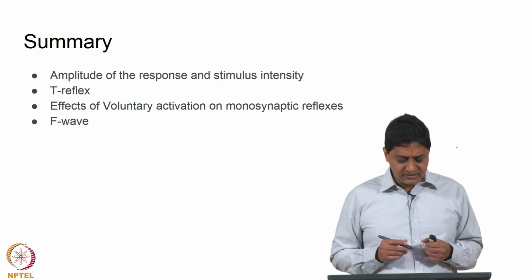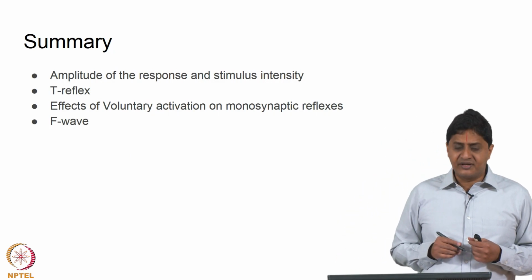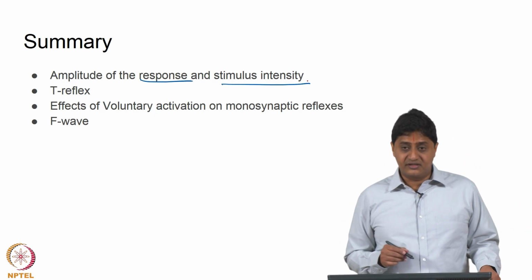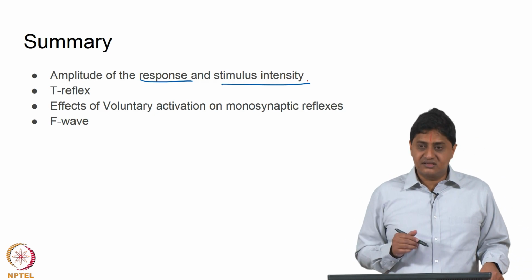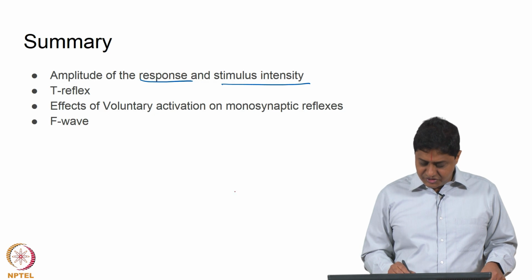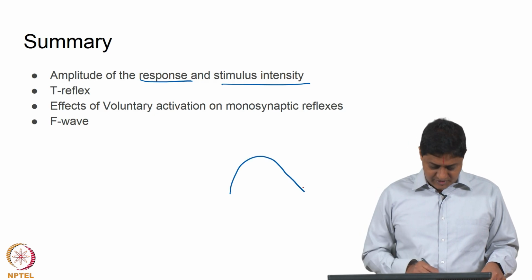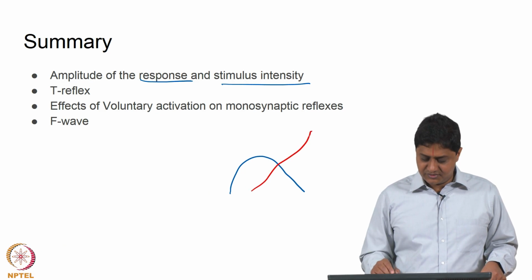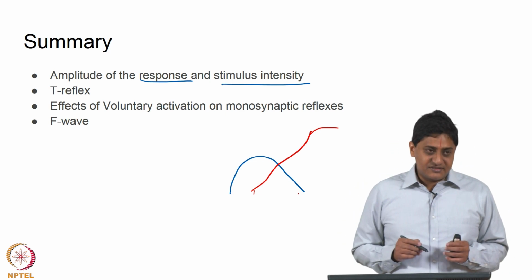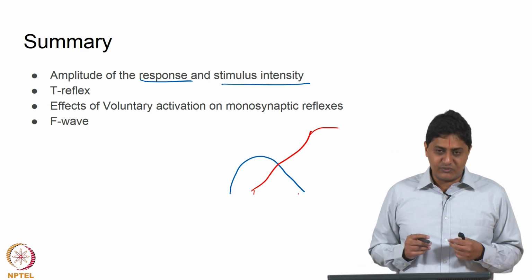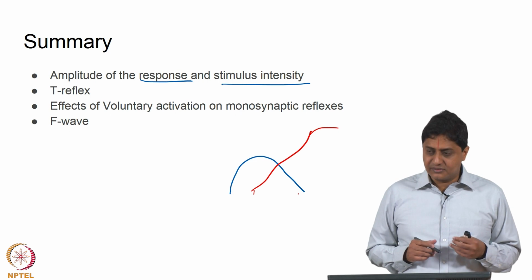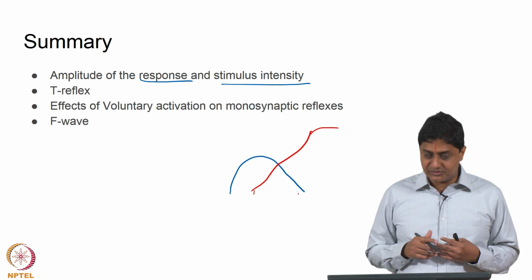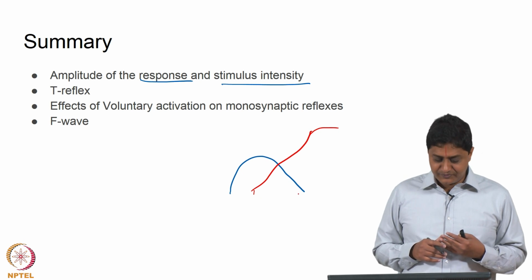So, in summary, what we have seen is the relationship between the amplitude of the response and the amplitude of the stimulus. If I increase the stimulus amplitude, the H reflex shows a non-monotonic response, whereas the M response shows a monotonic response. We saw why this happens: because of the refractory periods involved, the response amplitude keeps reducing in the H reflex as I keep increasing the stimulus amplitude, but not in the M response.